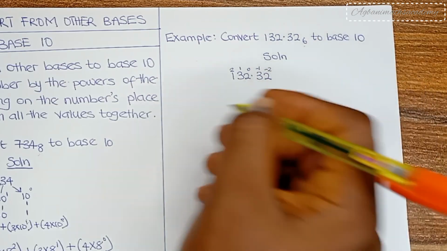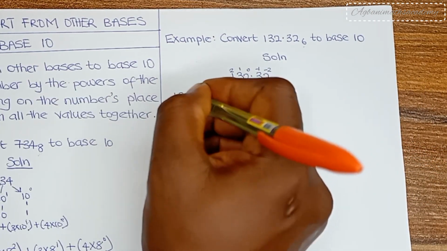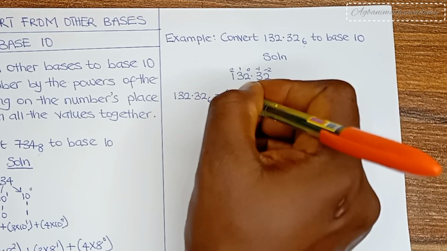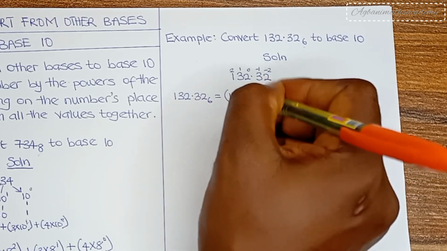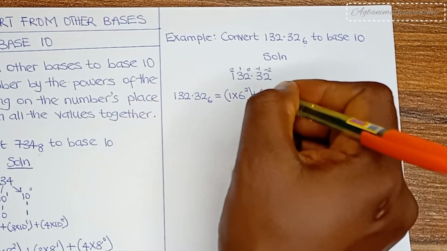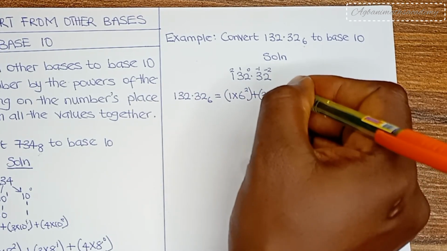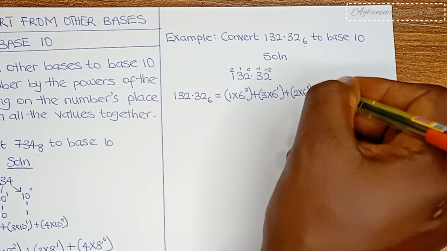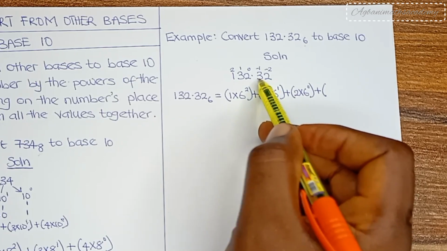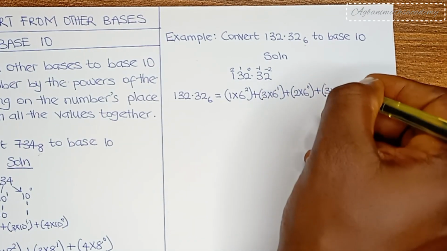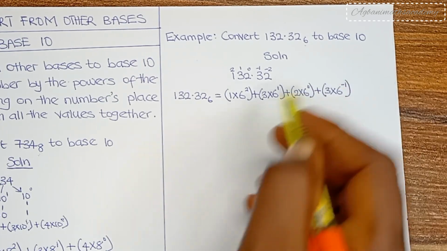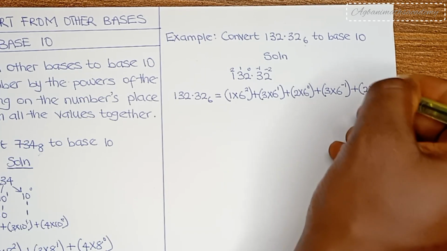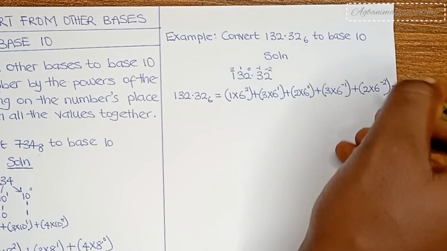Okay, so let's do that. 132.32 base 6 is equal to 1 times 6 to the power of 2 plus 3 times 6 to the power of 1 plus 2 times 6 to the power of 0 plus, now we are going behind the decimal point, 3 times 6 to the power of -1, because we have -1 here, plus 2 times 6 to the power of -2.